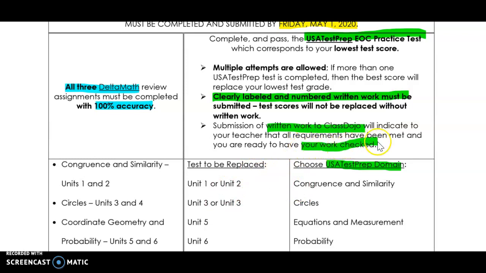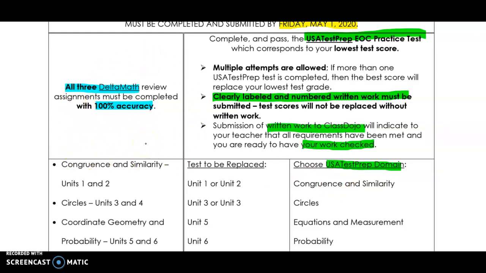So make sure that I can see all of the pages of your work and that you have submitted it to ClassDojo. At that time, you will be finished, and whatever score you got on your USA Test Prep will be your test replacement score if your work matches your USA Test Prep test and you have completed all 3 Delta Math activities.